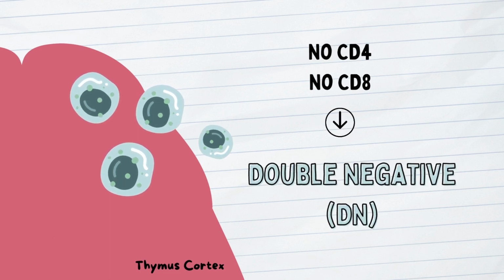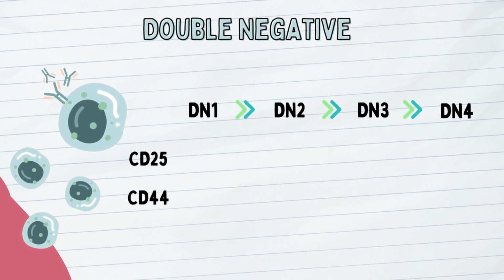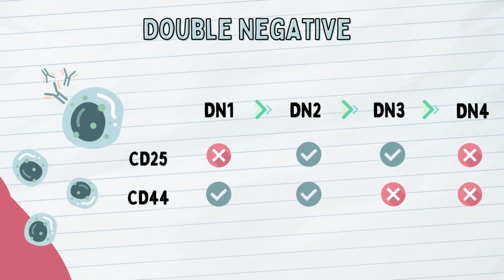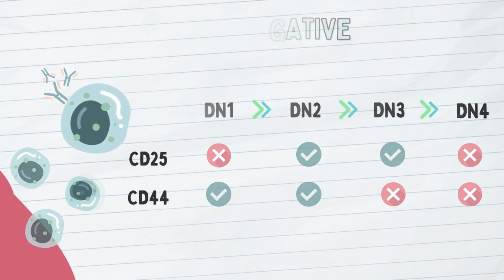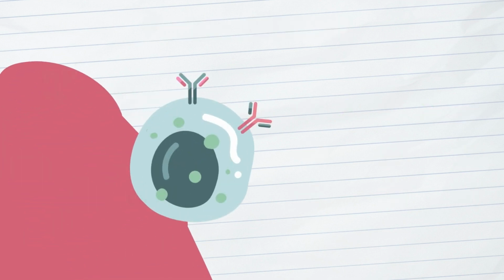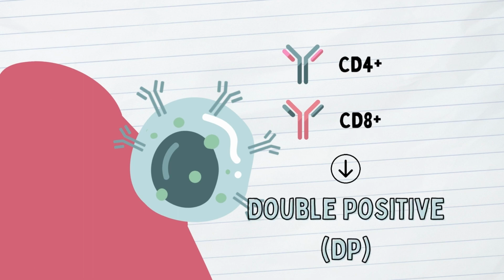Double negative cells undergo several stages termed DN1, DN2, DN3, and DN4, with the expression of certain surface molecules such as CD44 and CD25 changing. Finally, the cells start expressing both CD4 and CD8 co-receptors, thus becoming a double positive cell.